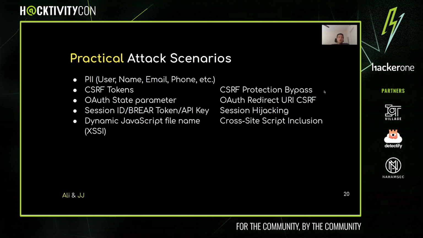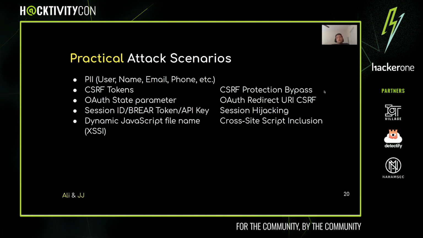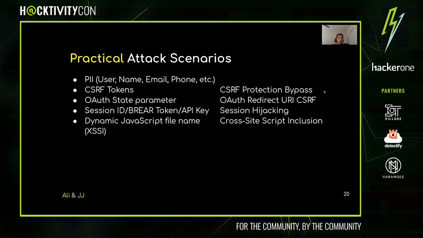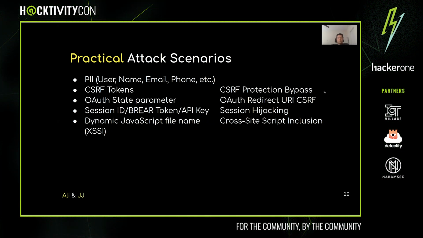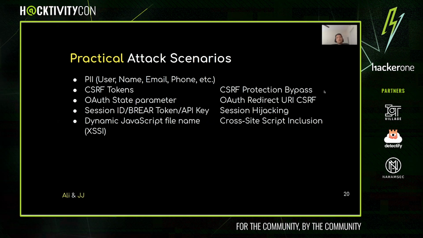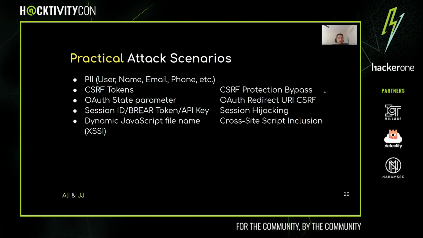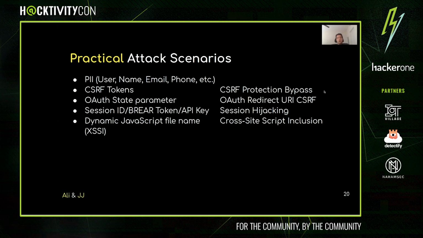But web cache deception can be an even more severe and critical vulnerability, because besides finding leakage of different PII, username, email, phone, etc., in the cached pages, in some domains, for example, we discovered a CSRF token leaked in a web cache deception response.